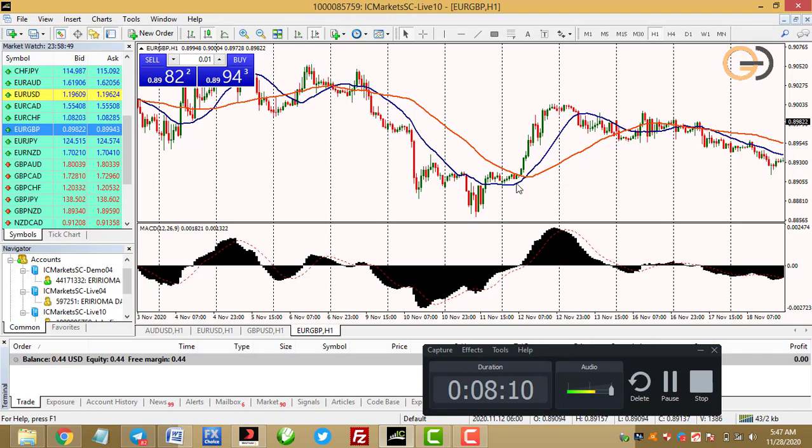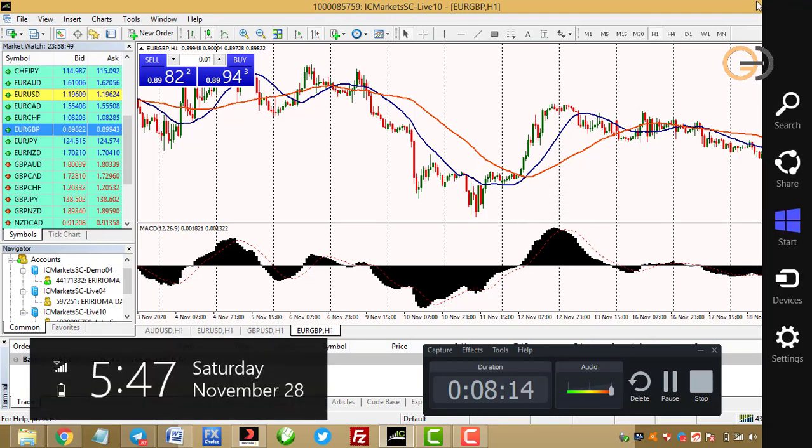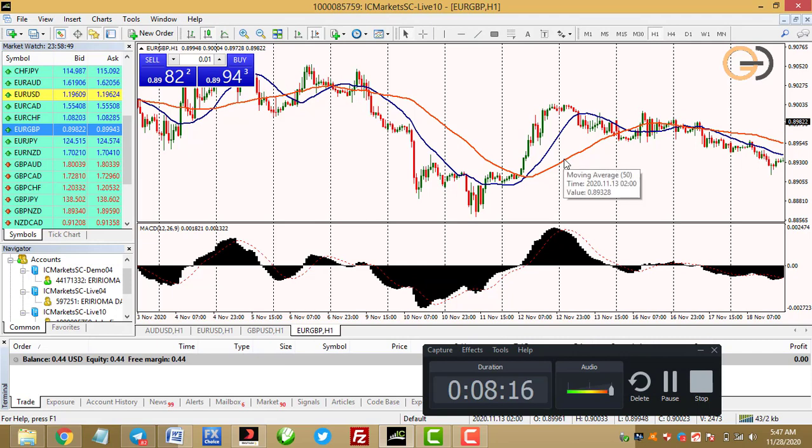When the 20 moving average crosses the 50 moving average upwards, we say the price is bullish. The volume indicator showed us exactly here that the price is going long, and you can see how the MACD line is directly inside the volume to tell you that the volume of trades to the upside is high.